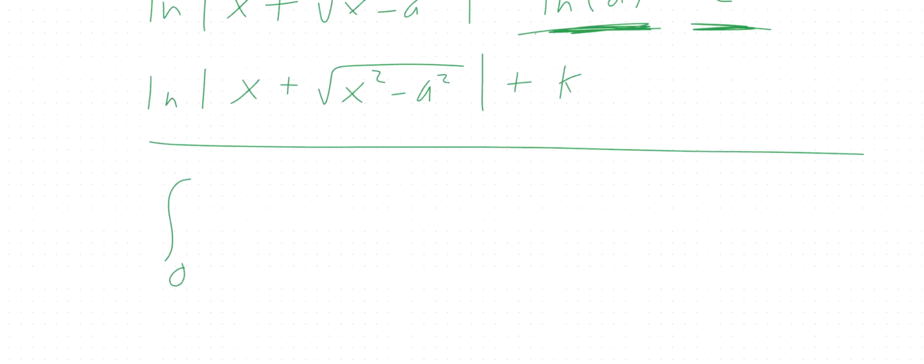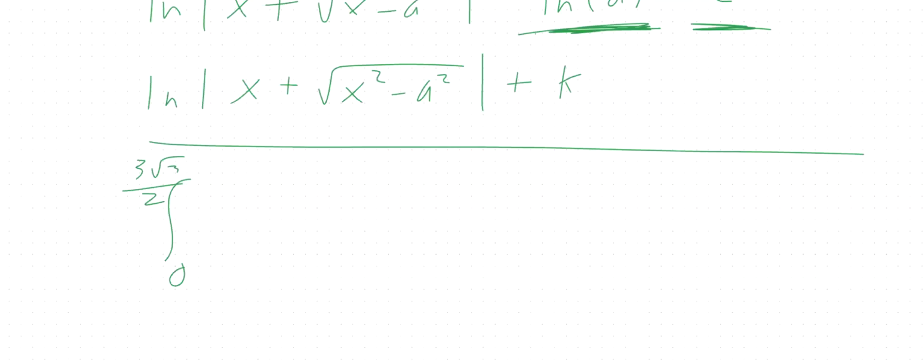Or no, this is 3 square root of 3 over 2. Writing kind of small, it's running together a bit. All right, but we want to do the integral of x cubed over 4x squared plus 9, all raised to the 3/2 power.